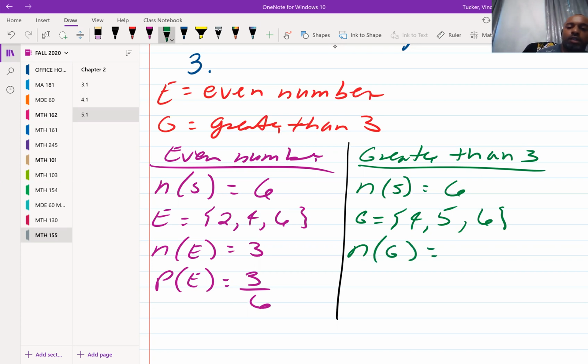And the number of numbers that are greater than 3 is 3. Probability is 3 over 6. Any problems so far?